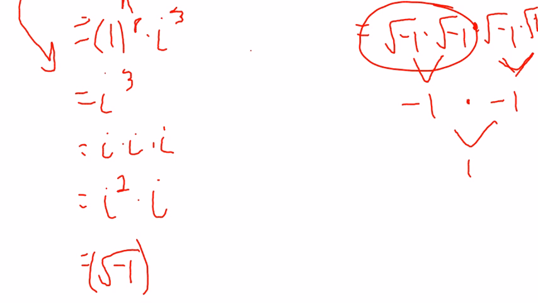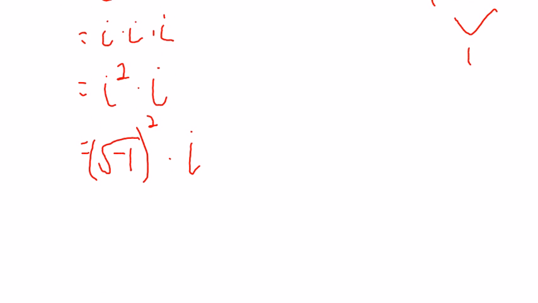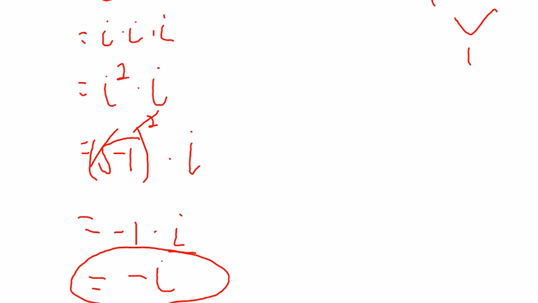So I've got i squared, that's replacing that first term, and then the i here comes back down. This cancels with that, square each other out, gives me negative 1 times i, which is just negative i. And that's all for that. Hopefully that's not that bad.